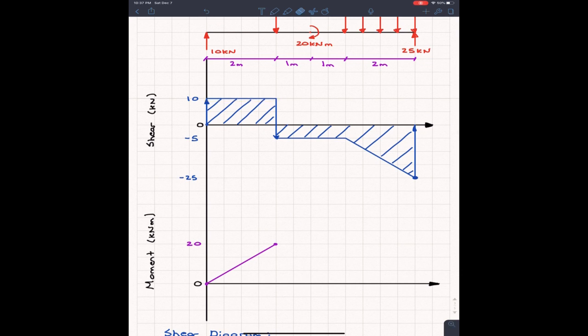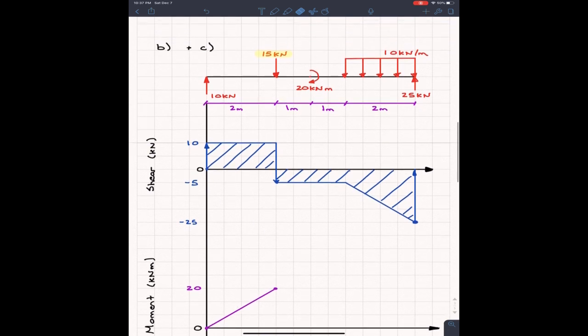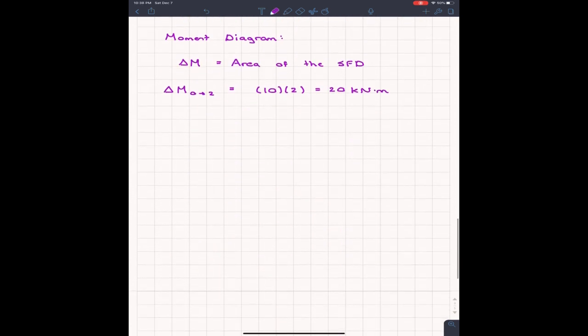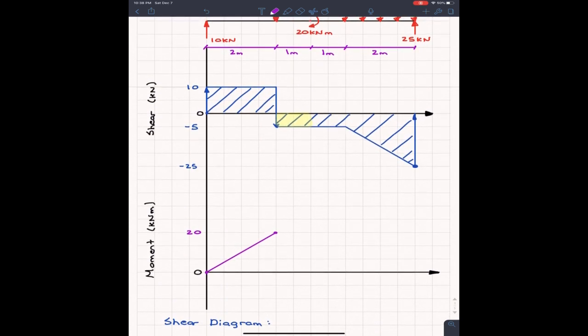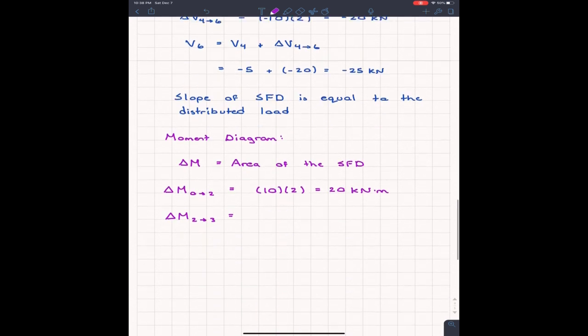But now we have to ask, what happens between x equals 2 and x equals 3? We're looking in this region right here. It's the same thing. The change in moment, not shear, from 2 to 3 is equal to the area of the shear force diagram between those 2 points. And we see it's a nice rectangle again, so we have -5, which is the height of it, multiplied by 1 meter.